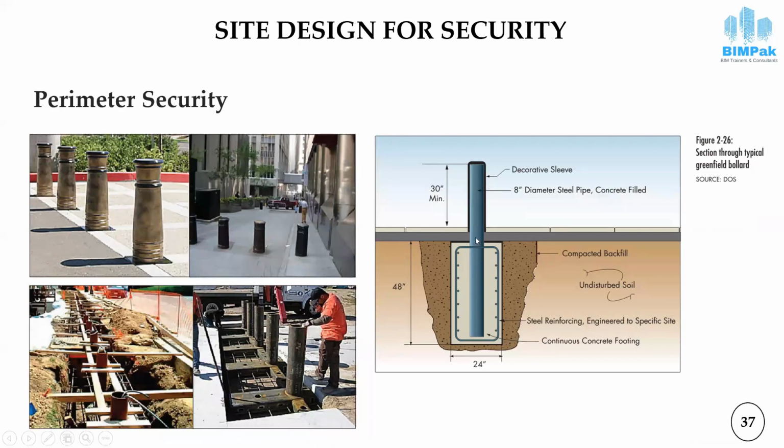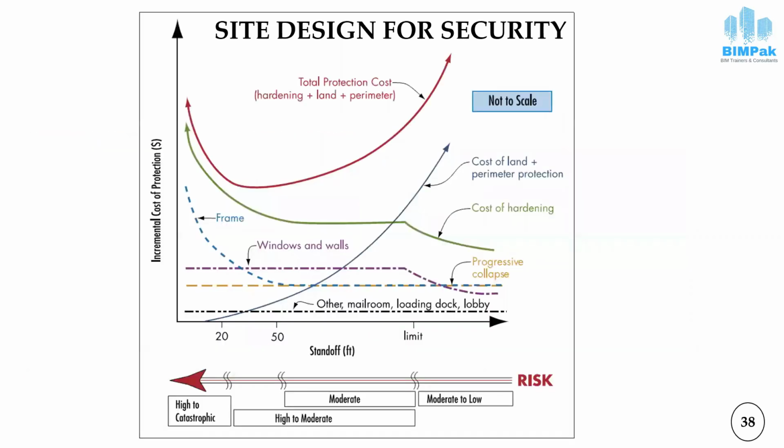Almost 48-inch depth has been provided. So it has been properly fixed in the earth through reinforced cement concrete, and only 30 inches is outside the building. So these are the special designs of bollards for security purposes.